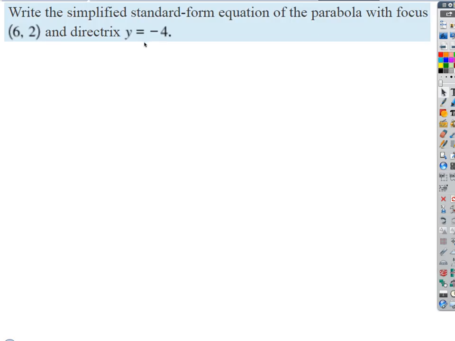So we want a horizontal line and a point, and then you just have to determine in your sketch, is the point going to be above or below the directrix? Okay, so go ahead, let's sketch that part first.